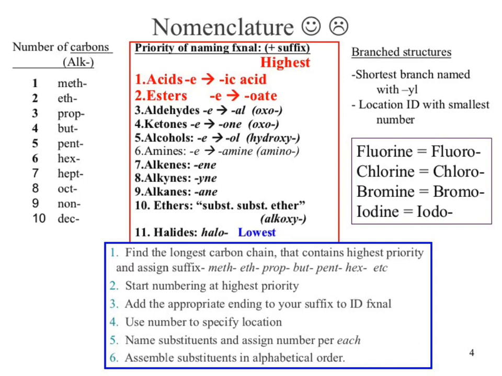So we've talked about sodium benzoate before. That was the conjugate base of benzoic acid. So there's benzoic acid. If I remove the hydrogen, it becomes negatively charged.